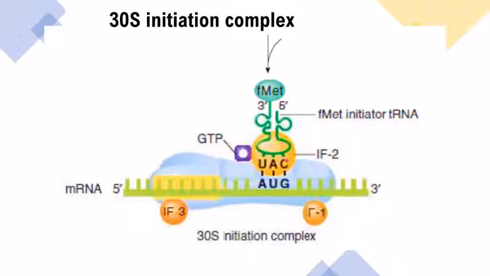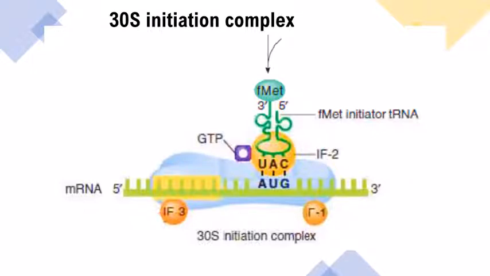The reason is that initiation factor number 1 is bound to this 30S subunit of ribosome in such a manner that it will not allow the binding of this initiator tRNA at this position. So the A site, the amino acid site, is blocked by initiation factor number 1. Its function is to block the amino acid site so that the initiator tRNA cannot be added at this position. It can only be added at the P or peptidyl site.